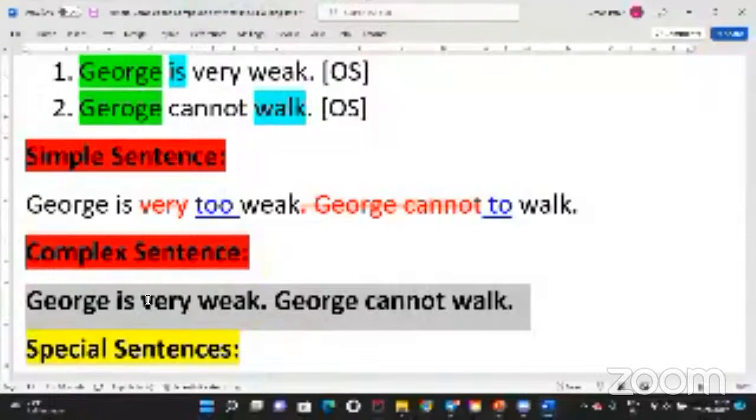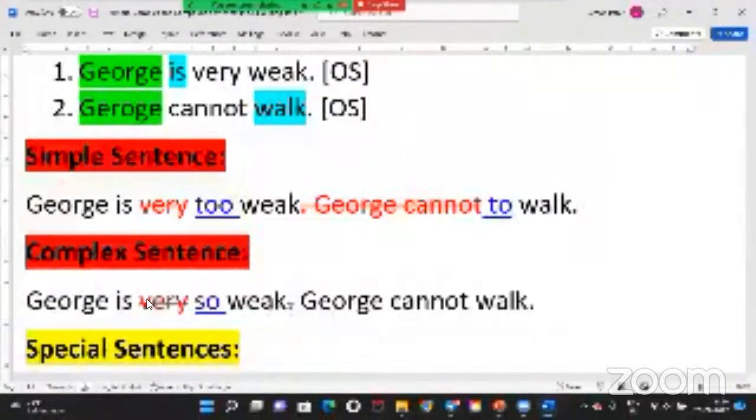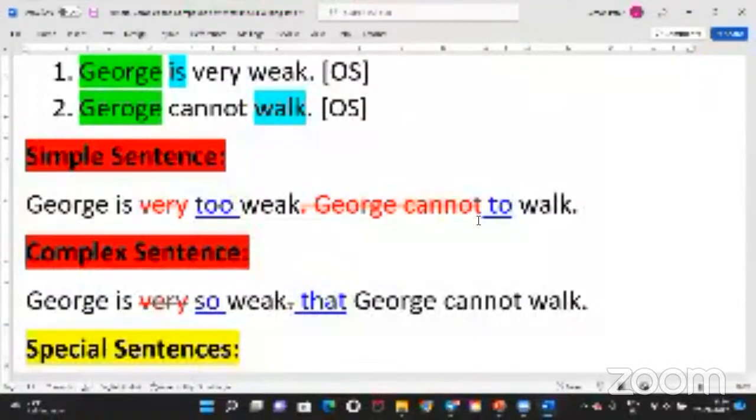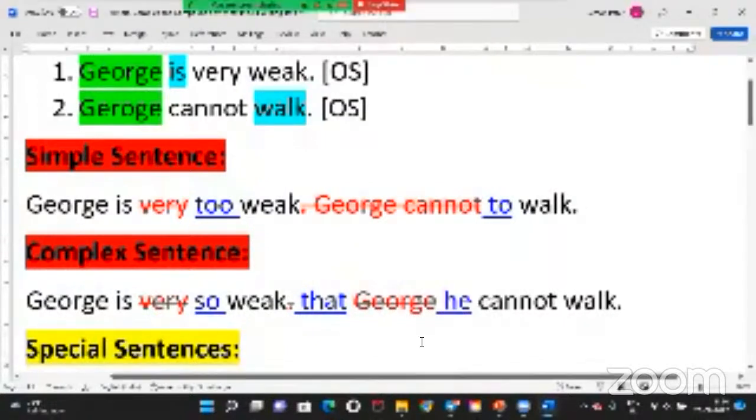Remove George because the second time you cannot use the name. So he cannot walk. George is so weak that he cannot walk. So simple as that. Same sentences I have taken. There is no doubt. In front of you, I have changed.